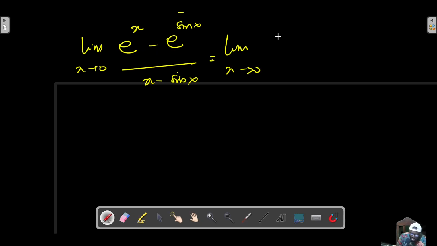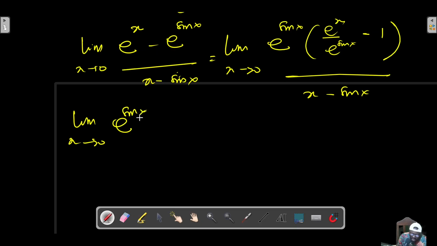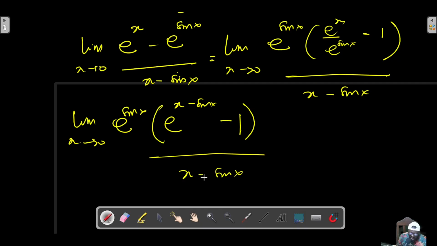So the limit as x approaches 0, factorizing e raised to the power sine x, I get e raised to the power sine x times e raised to the power x minus sine x minus 1, all over x minus sine x. Since they have the same base, the first thing can be written as e raised to the power x minus sine x.